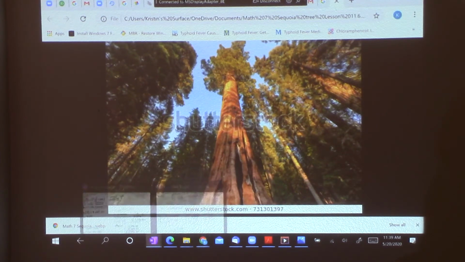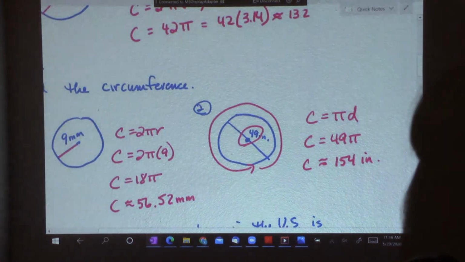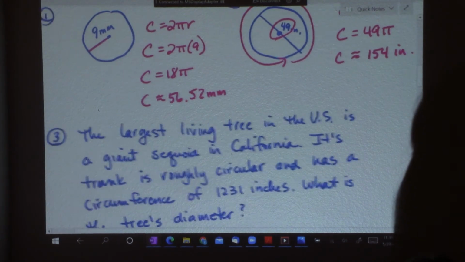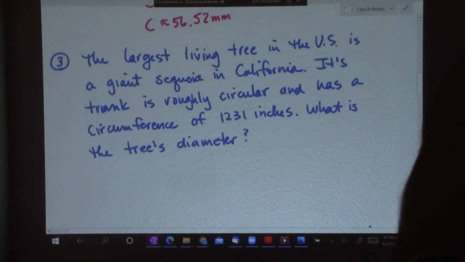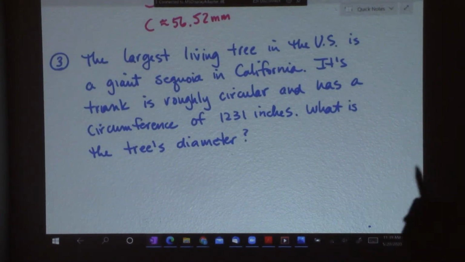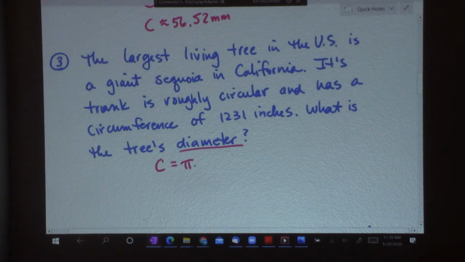So let's go back. I wrote it out for you already, and there we go. So we have the circumference equals, I want to find the diameter. That equals pi d. So this time I have the circumference, and now I want to solve for the diameter.